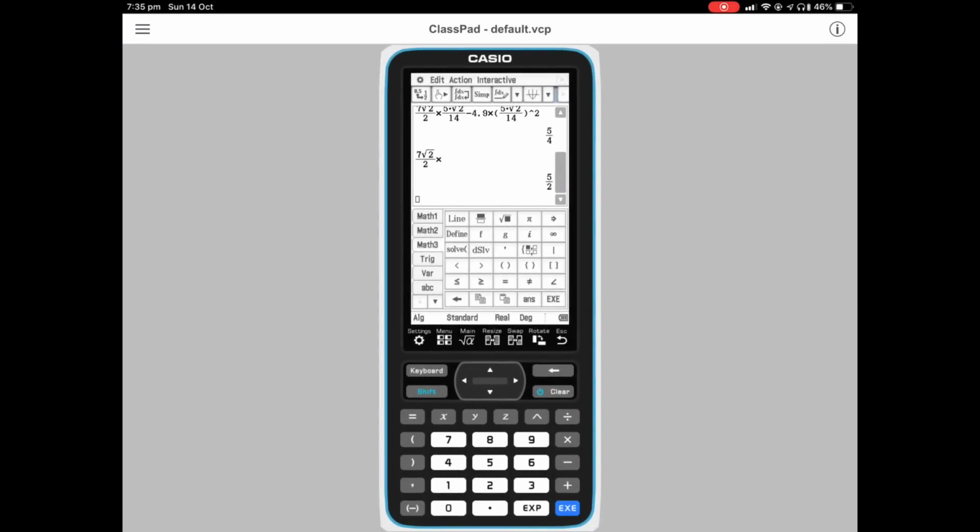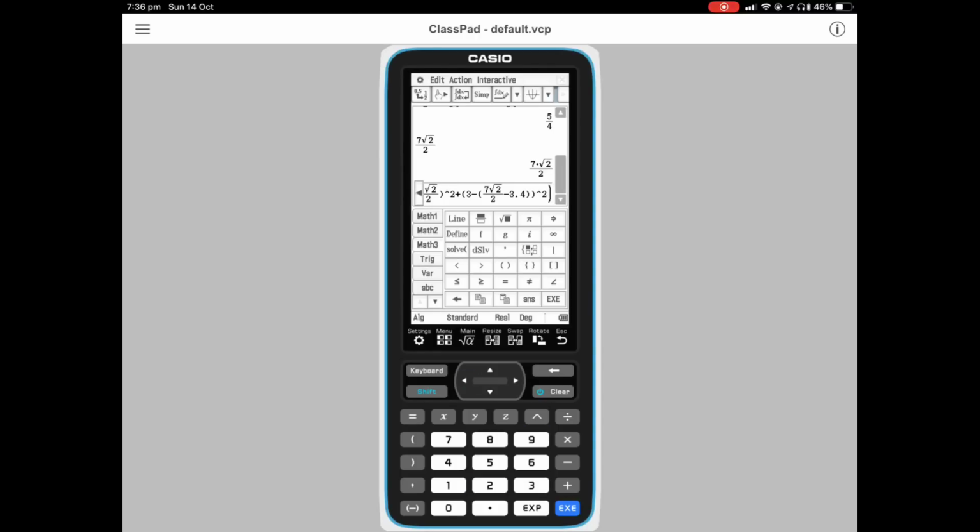Okay, so square root of 4.5 minus my x value, 7 root 2 on 2, squared, plus 3 minus my y value, 7 root 2 on 2 minus 3.4, squared.